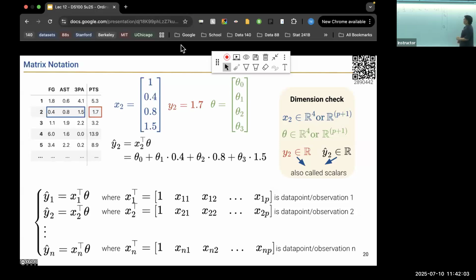So my y1 hat is the dot product between these two vectors, where you get back to the linear combination that you want.